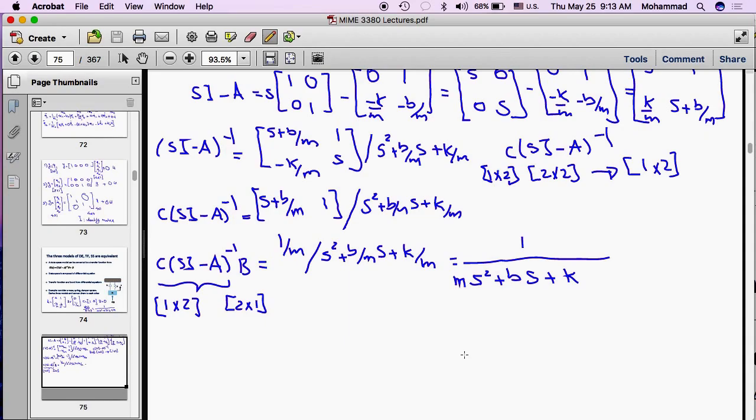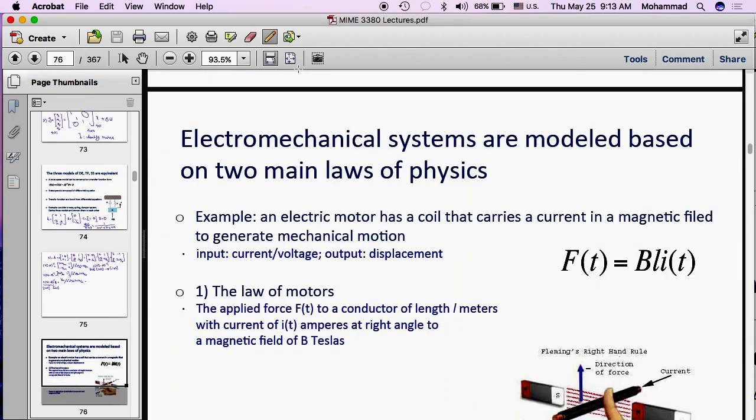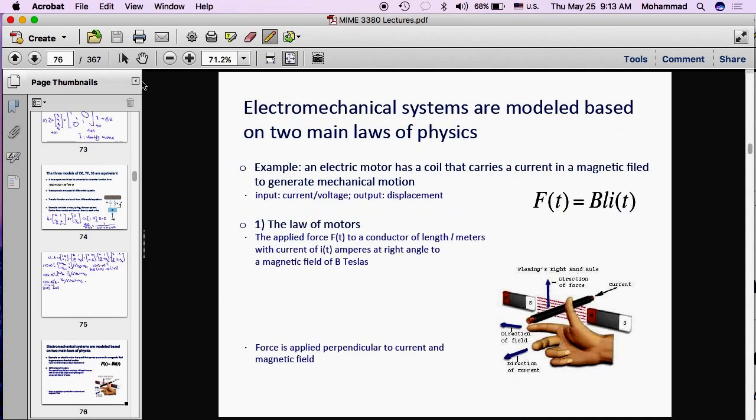Okay, so the next subject is the whole concept of electromechanical systems. So far, we have kept everything nice and separate, in the sense that when we were talking about mechanical systems, we didn't bring any fluid flow or any heat transfer into it. Or when we talked about an electric circuit, we kept the mechanical system out.